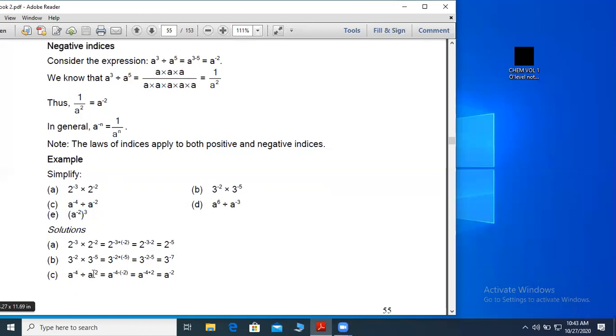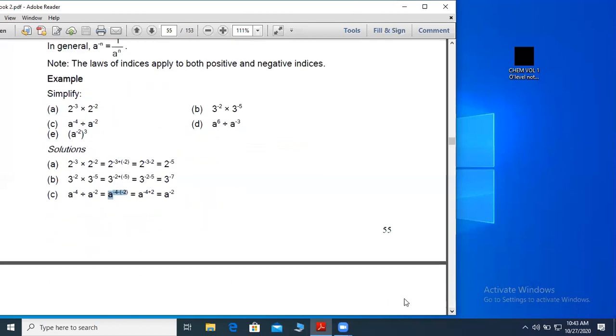So it will be 8 power negative 4 minus negative 2. A negative followed by a negative becomes a positive. So we shall get 8 power negative 4 plus 2, which gives us 8 power negative 2.